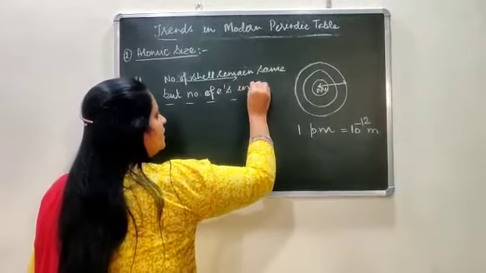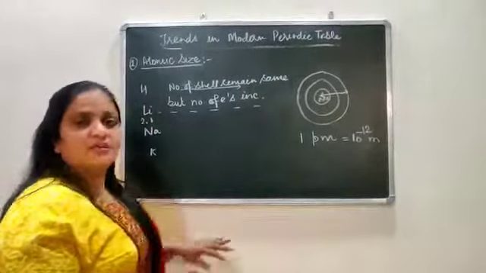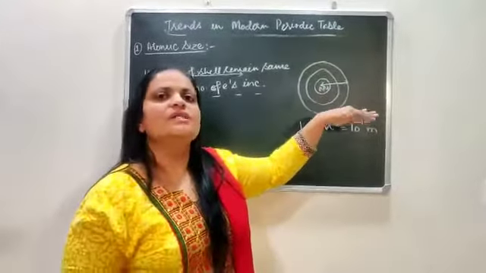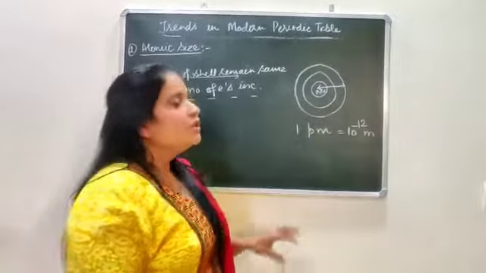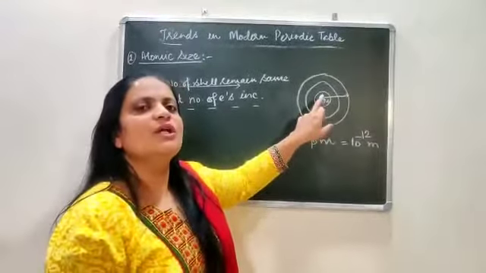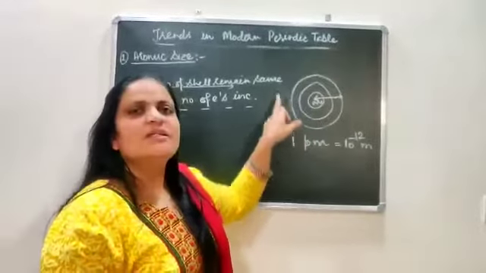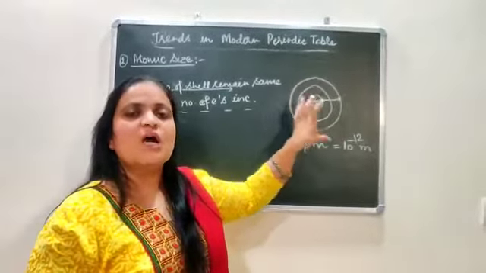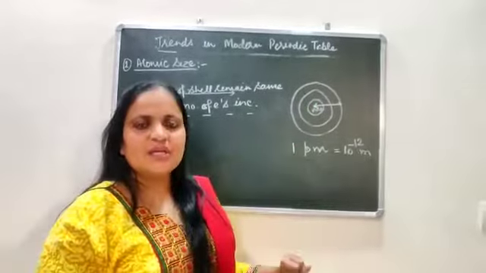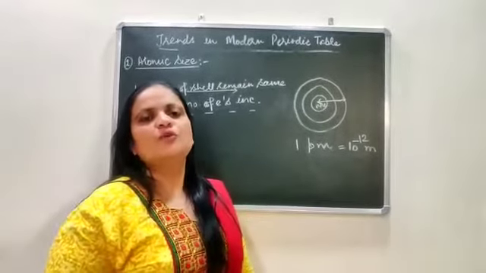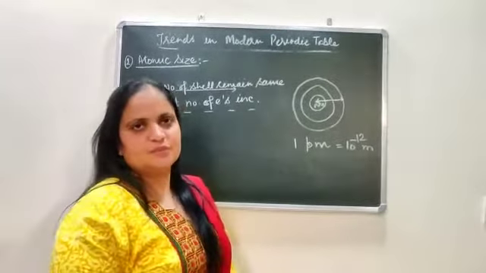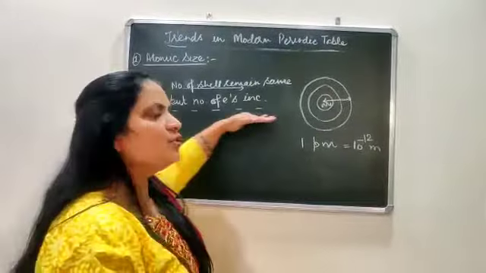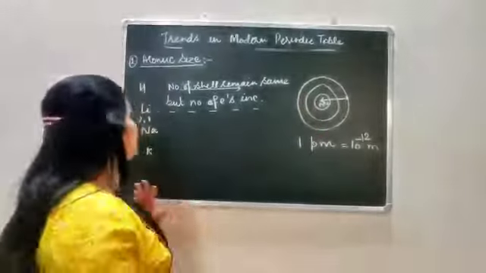the number of electrons continuously increases. If the number of electrons continuously increases, then the force of attraction between the nucleus and the electrons present in the outermost shell will also increase, which is responsible for the shrinkage of the atom. So when we are moving left to right, the number of shells will remain the same.